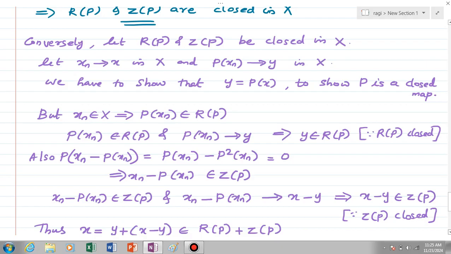This implies that x minus y is an element of Z(P) because Z(P) is a closed subspace, and so that sequence converges to x minus y means the converging point should be in Z(P) since it is closed. So x minus y is an element of Z(P) and y is an element of R(P).